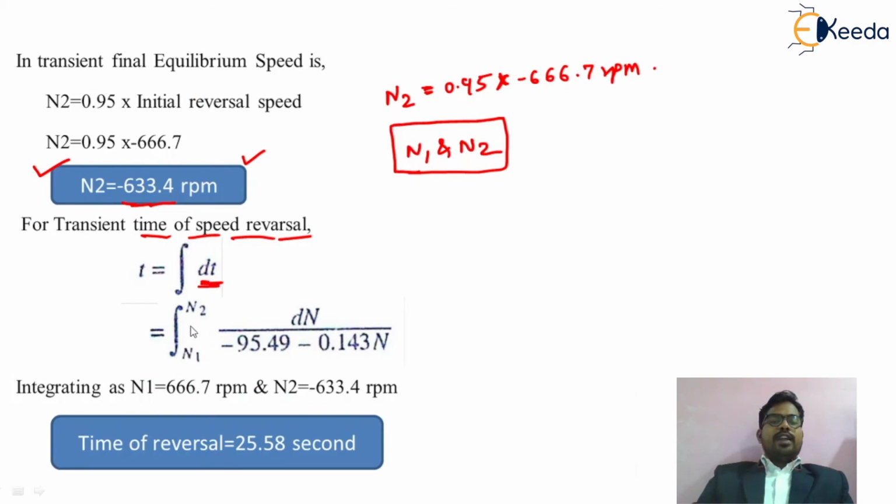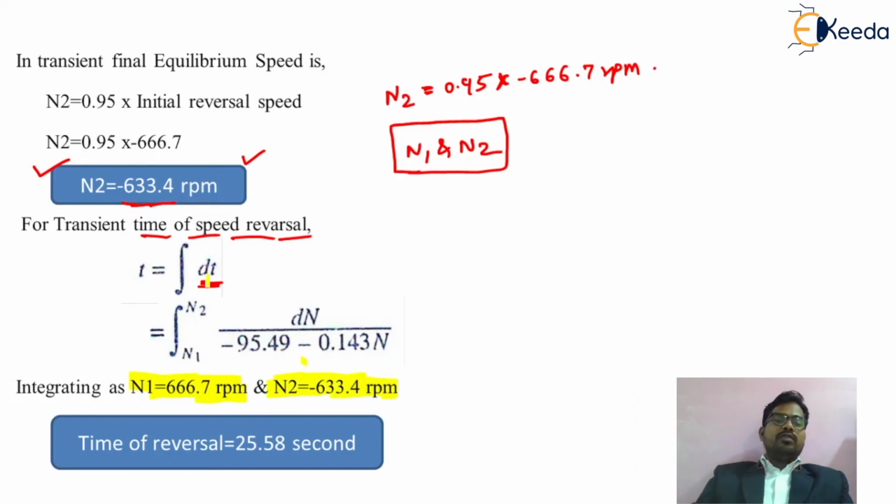So we have to take the value of n1 and n2. The value of n1 is 666.7 rpm and the value of n2 is 633.4 rpm.